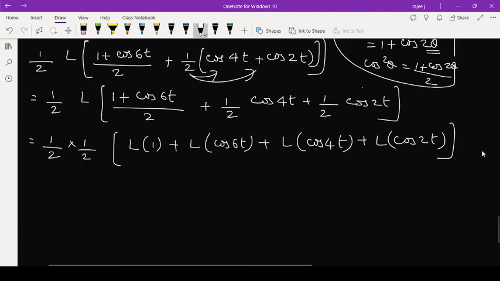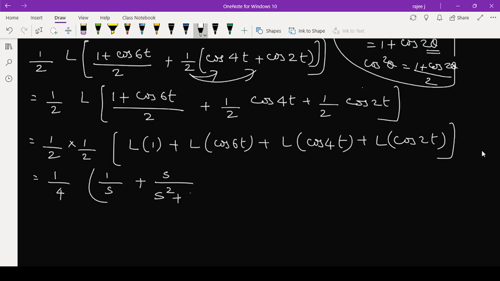Then that is equal to 1 by 4 into L of 1, which is 1 by S, plus L of cos at, which is S upon S square plus a square. Here a is 6, so S upon S square plus 6 square, plus for cos 4t, S upon S square plus 4 square, plus for cos 2t, S upon S square plus 2 square.